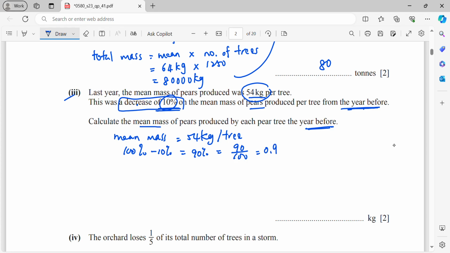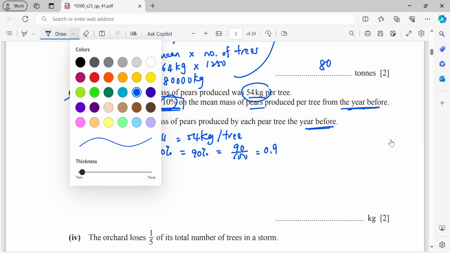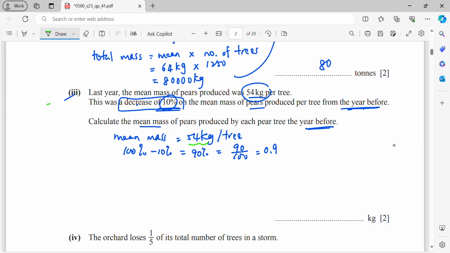So when you look at here, this 54 kilograms actually corresponds to 0.9, the ratio. Because it's mentioned here for last year it was 54, then this 54 is a decrease of 10%. That means it's only 0.9 of the year before. So now you need to find how much the year before is.